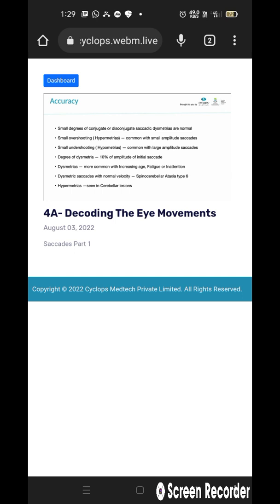That's what we call hypermetria. Small undershooting, what we call hypometria, is common with large amplitude saccades. The degree of dysmetria is normally about 10% of the amplitude of the initial saccade.